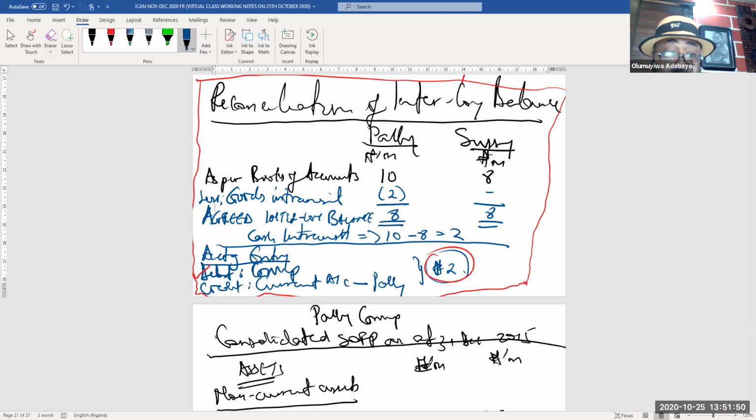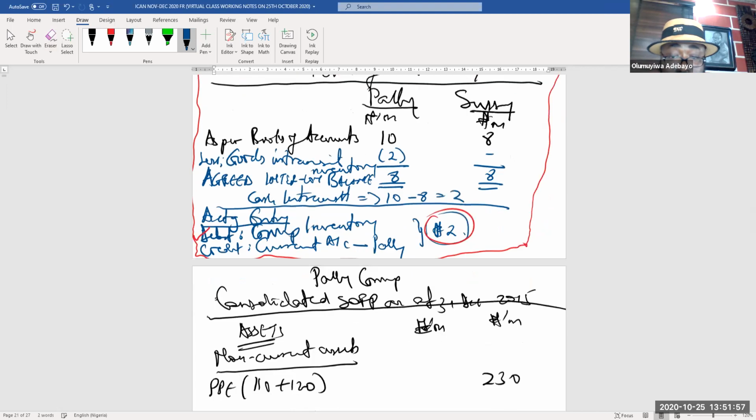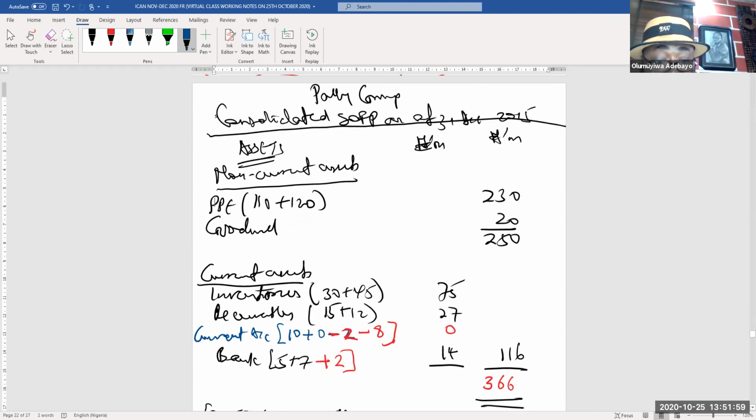Are you seeing what I'm doing? Yes, sir. Now, instead of me adjusting against bank, since it's not bank that is affected, but my goods that are affected, I'm going to erase it from here, and I'm going to adjust it here, which means inventory.